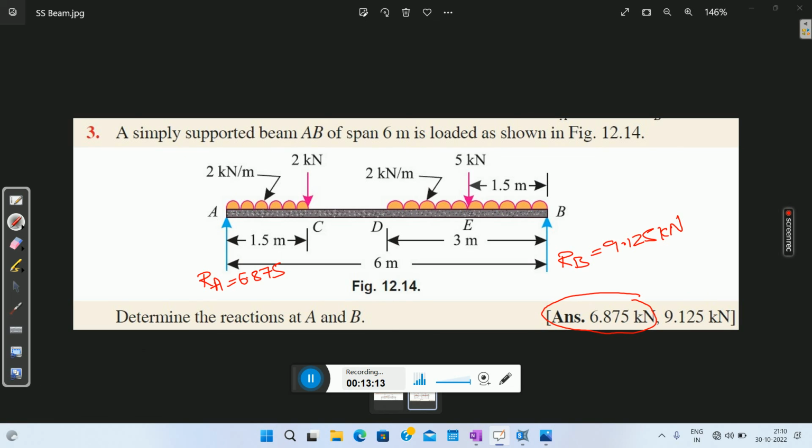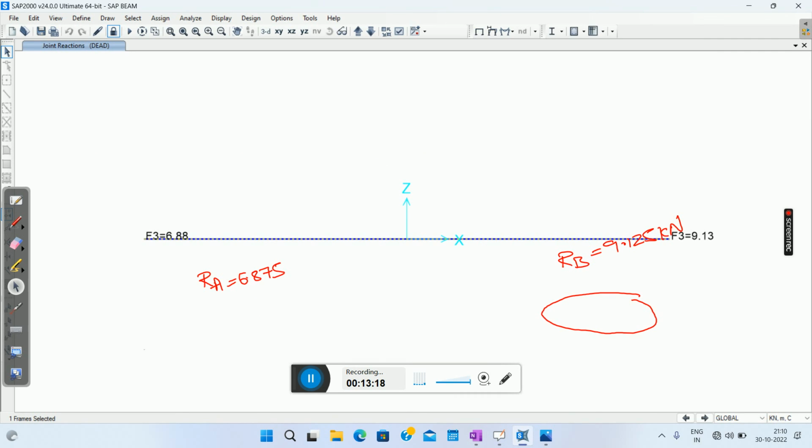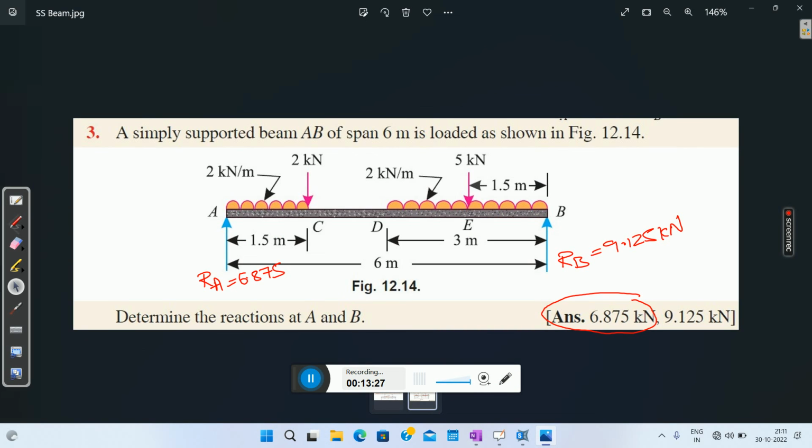In software, this is 6.88 and this is 9.13. So the answers are matching. By this way you can compare your manual answers with the SAP 2000 program.